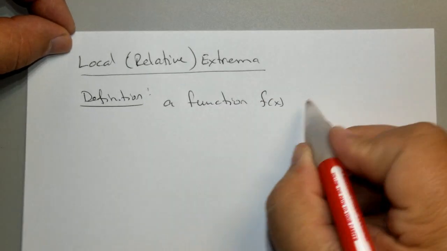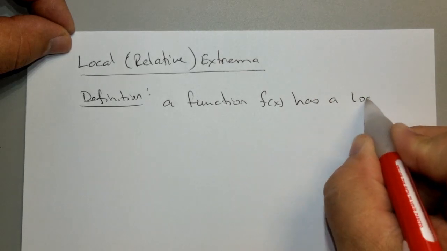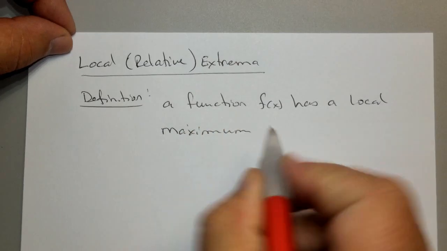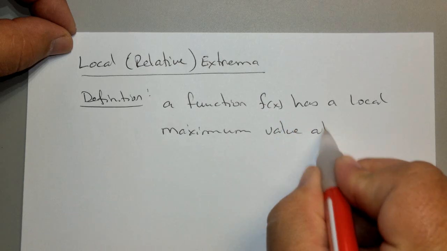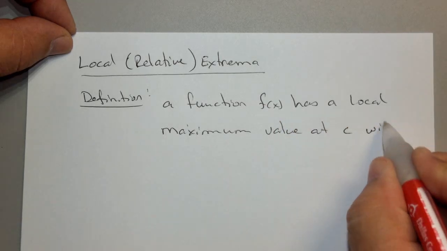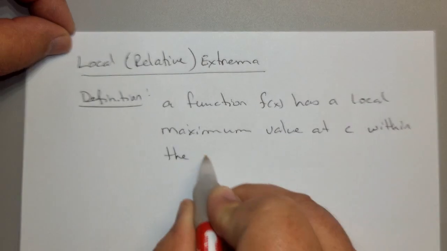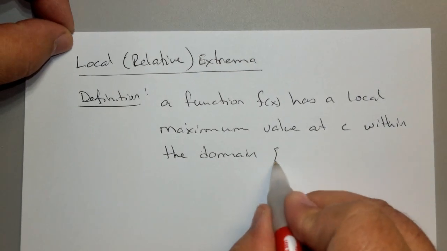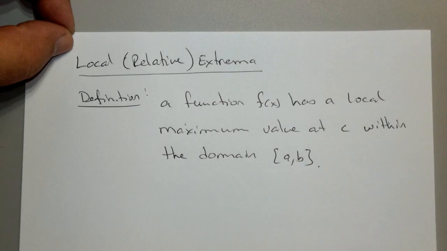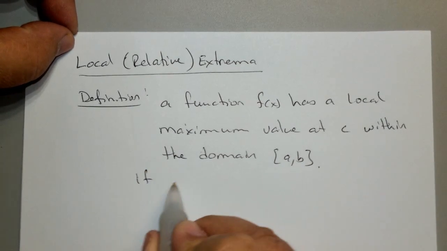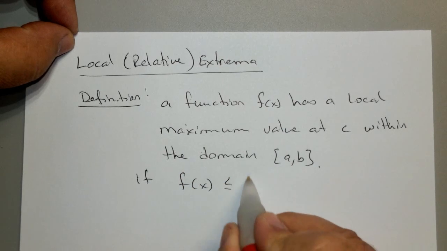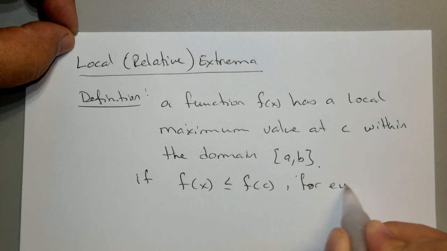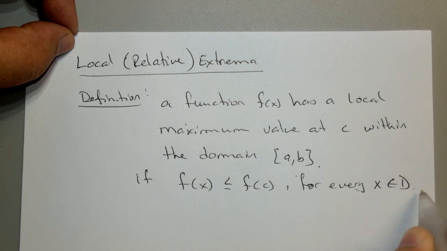A function f of x has a local maxima at C within the domain AB, if f of x is less than f of C for every x in the domain.